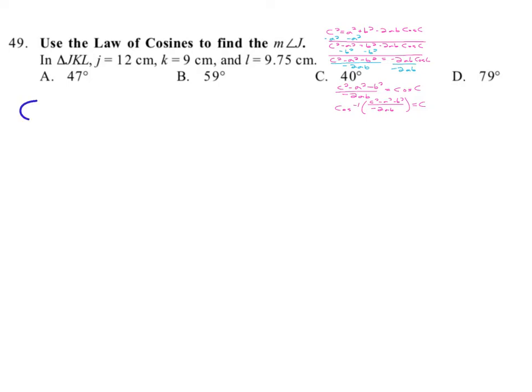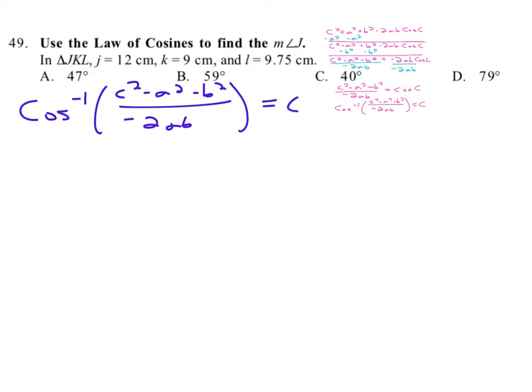Then the formula becomes inverse cosine of c squared minus a squared minus b squared all over negative 2ab. That would give you angle C. And you could use that if you wanted to. You could say inverse cosine of, and then type in the actual numbers themselves. Okay? I'm going to keep doing it the other way though.